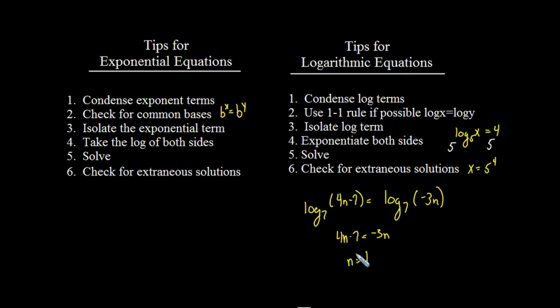Once we solve that out, when we plug that 1 back in, you can see that on the right-hand side, log base 7 of negative 3 times 1 is log base 7 of negative 3. That's not a possible solution. Logarithm values cannot be negative. So the answer ends up being no solution. So make sure you're checking for those extraneous solutions. When you plug the values back in, we cannot have negative logarithm values. This is a great example of that.